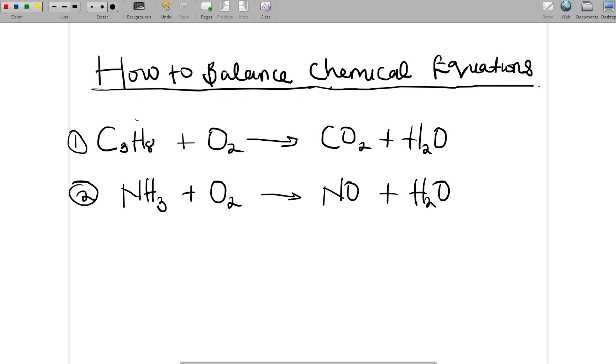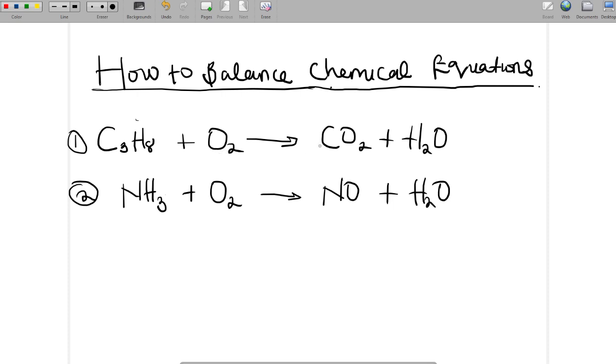It means three atoms of carbon, and attached to the carbon are eight atoms of hydrogen. For the carbon on the left, we have three atoms. For the hydrogen, we have eight atoms. And on the left as well, we have two atoms of oxygen.